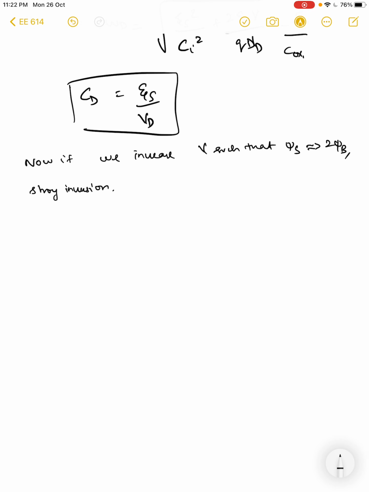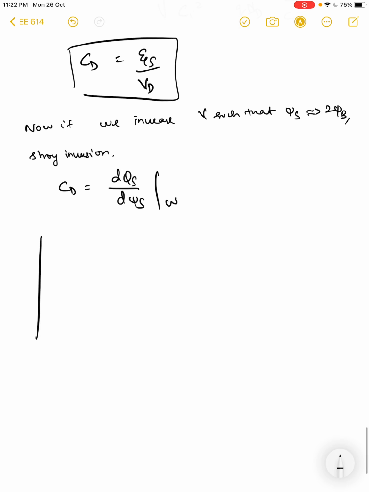Why? Because strong inversion depends upon the ability to generate minority carriers and then bring them to the interface, right? CD is actually dQs by d psi s, so at a particular frequency omega, if the frequency of operation is much larger than the rate at which the minority carriers are generated, what you have is, if I plot the metal carrier density and the depletion width, right?